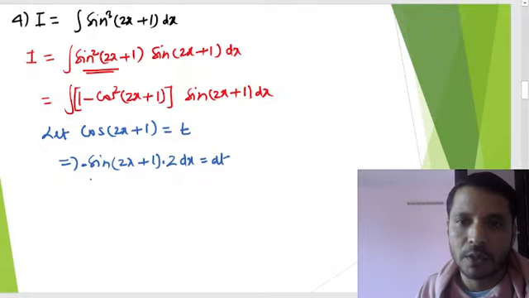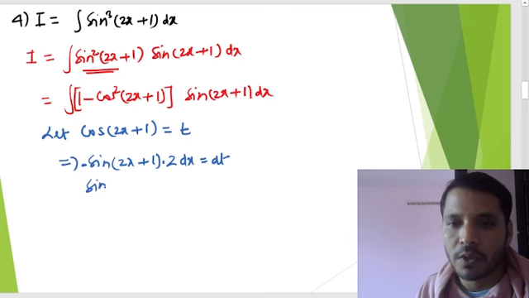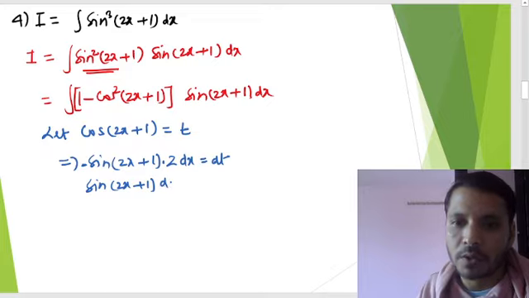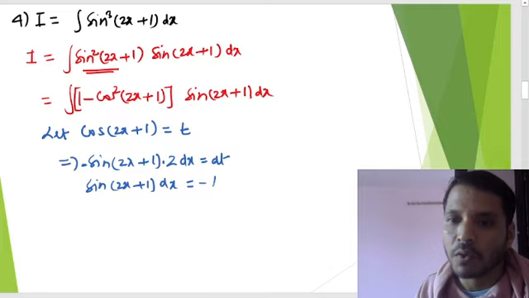Now from here we can say the value of sine 2x plus 1 into dx is nothing but minus 1 by 2 into dt.